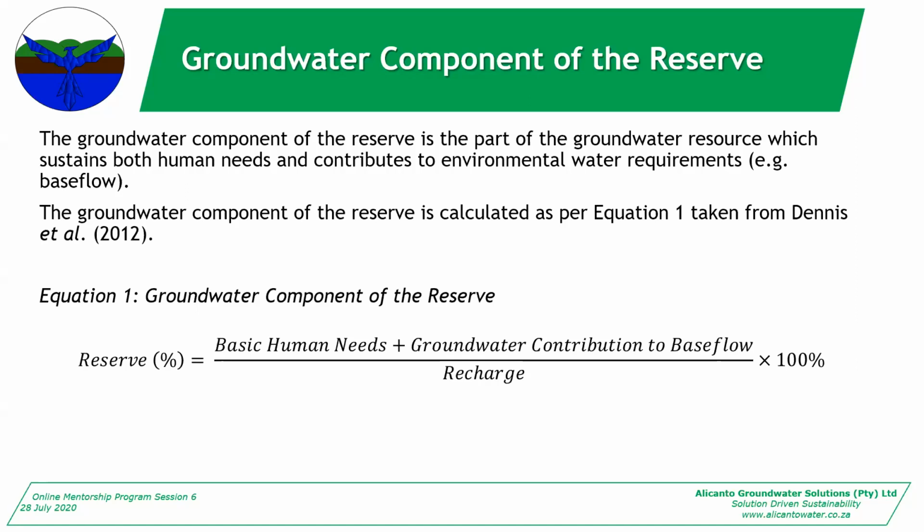So the groundwater component of the reserve is calculated by taking your basic human needs plus the contribution to base flow, and you divide that by the total recharge, and that'll give you a percentage. So that is the percentage that you cannot touch. You need to have groundwater to meet basic human needs, and you need to have groundwater that doesn't take away from the existing environment. So that's your base flow. Because realistically, groundwater doesn't contribute to the environment other than base flow.